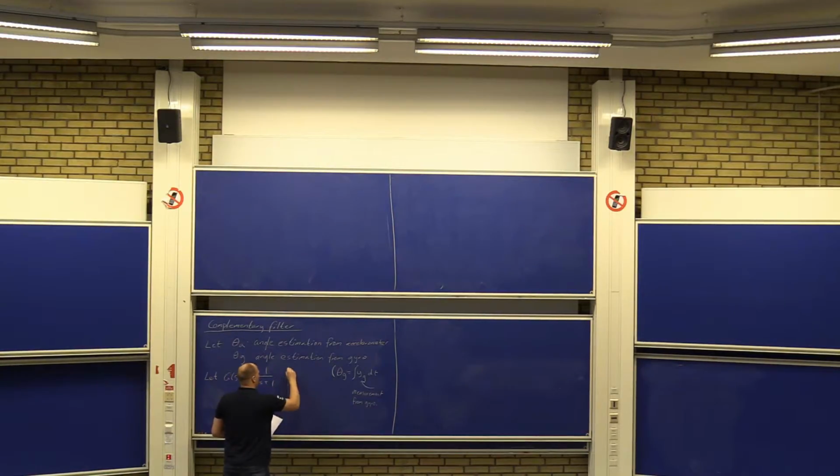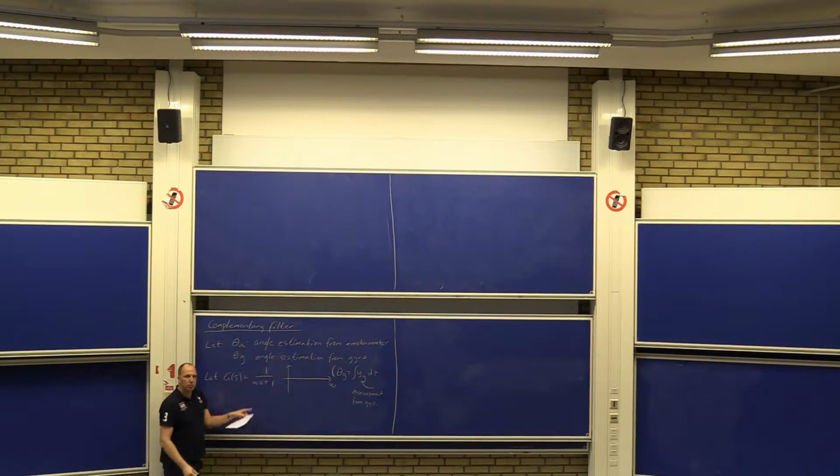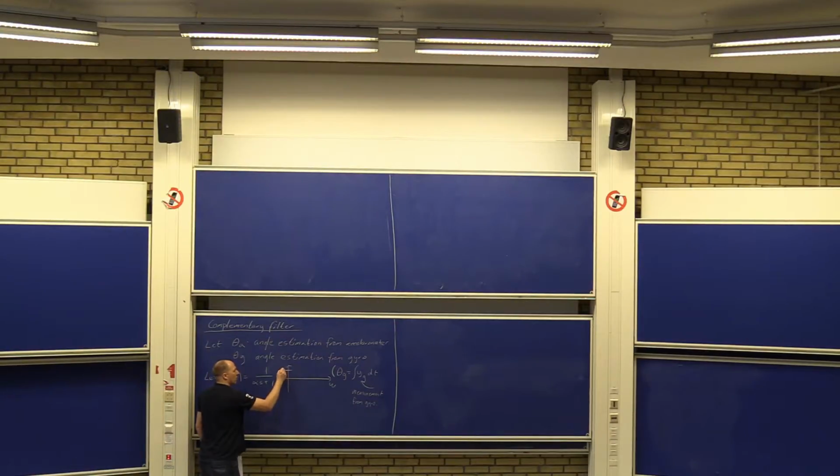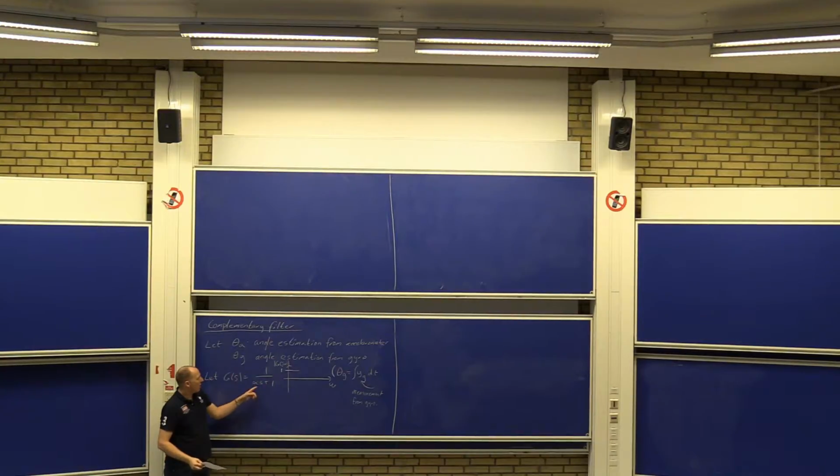If we look at the amplitude diagram of this for different frequencies, we look at G of j omega. For low omegas it will have gain 1, and then for higher frequencies what we have down here will become larger, so the total gain will go down.